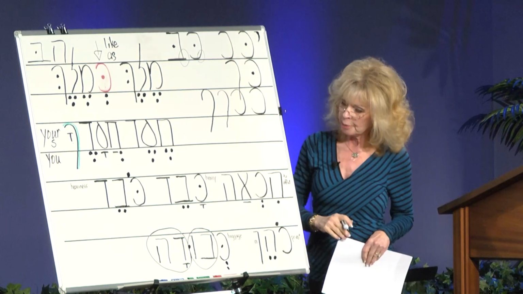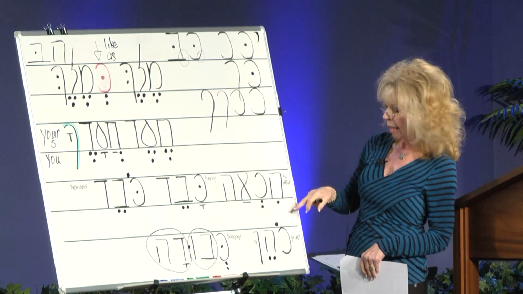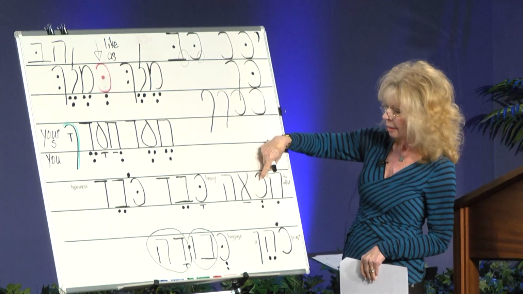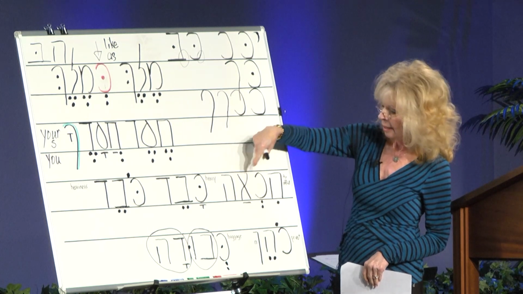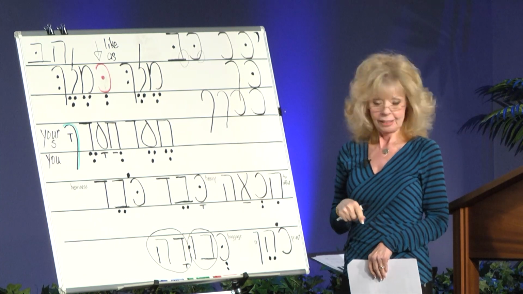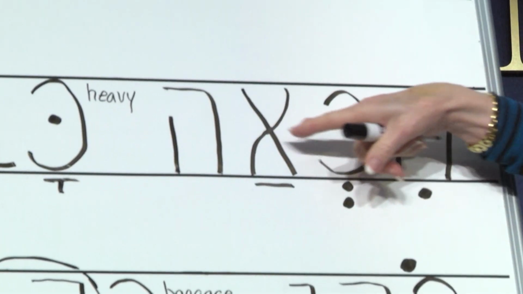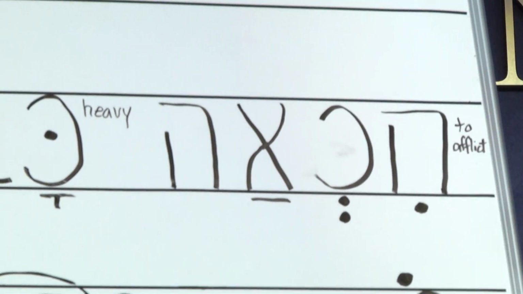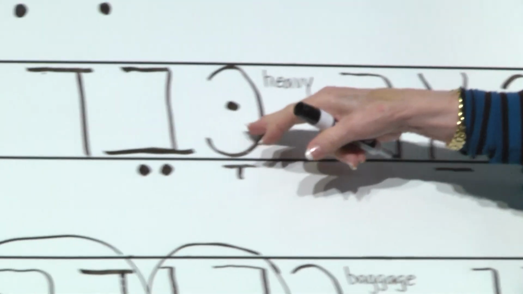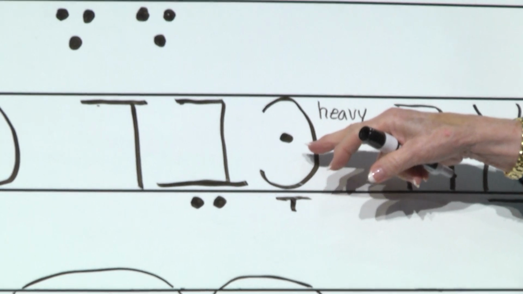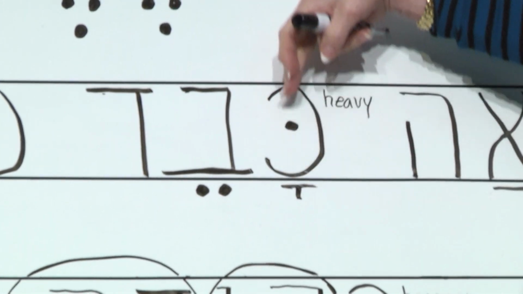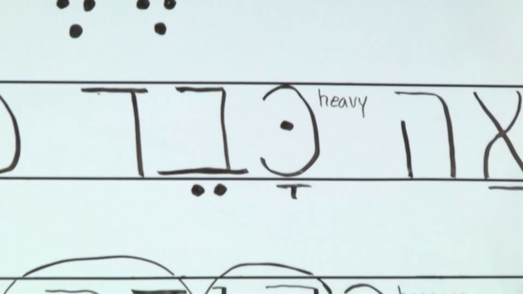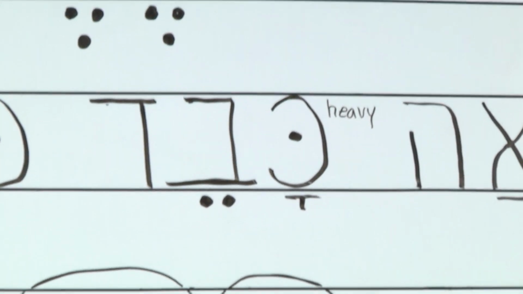All right, so let's read these words. This first word means to afflict, and it's the hey, so it's heek, he-ka. Everybody got that? He-ka. All right, and that means to afflict. The next word, it's the k sound, so it's going to be kavade, and that means heavy.